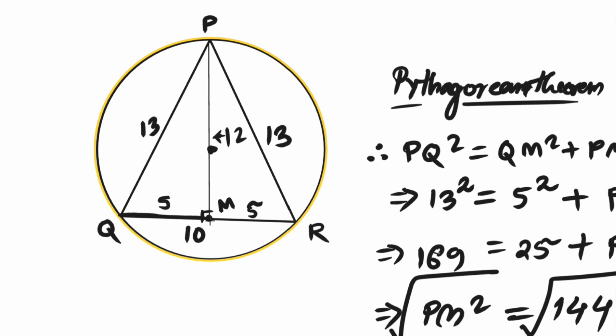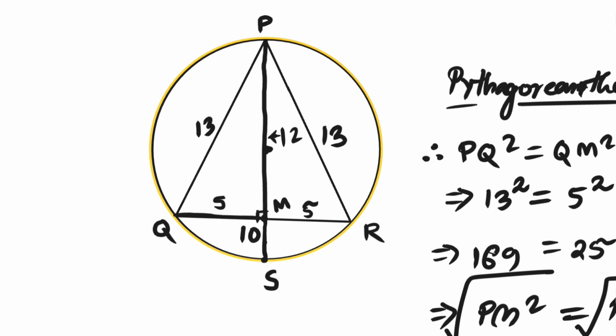Now, let's move to the next step. We extend the line segment PM downward until it meets the circle again at a point which we'll call S. Notice something very important here. Because PM is the perpendicular bisector of the chord QR, it passes through the center of the circle.